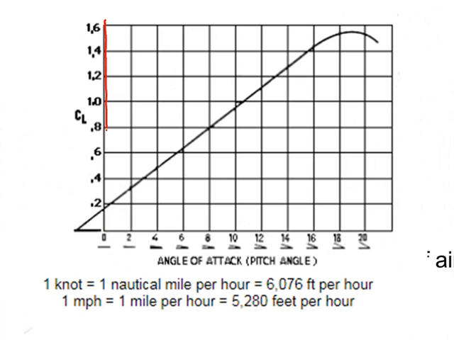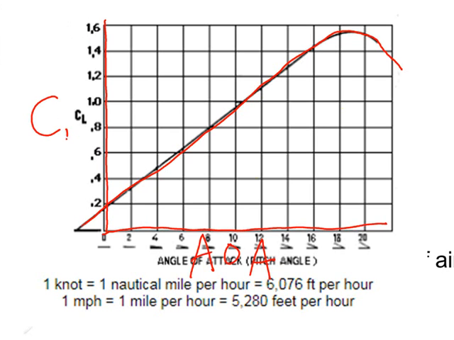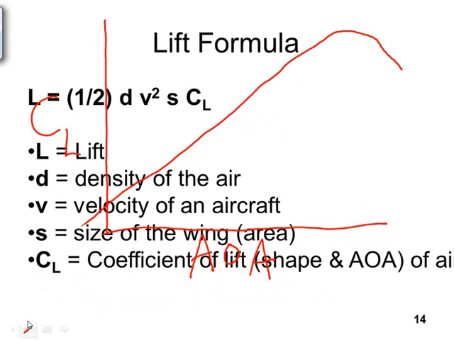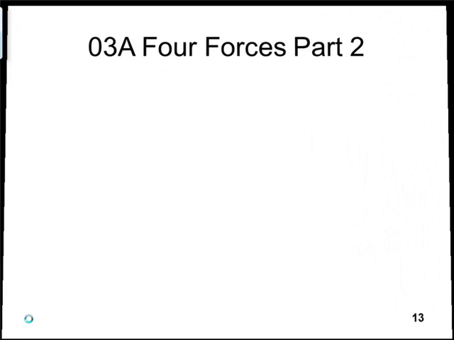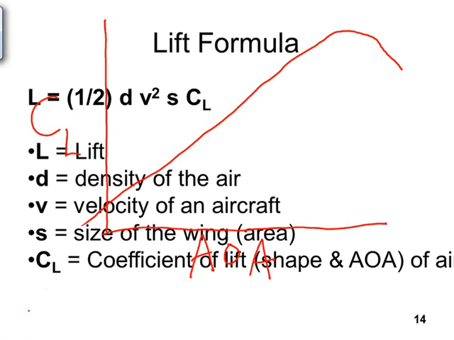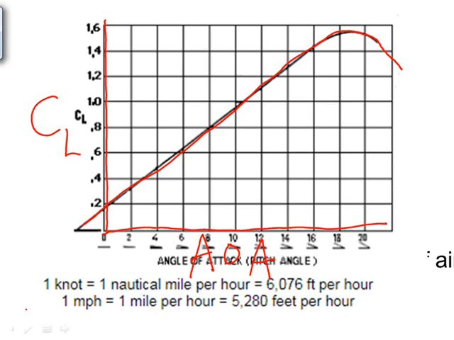I just want you to draw a line here, and a line here, and this line. And don't worry about it if it's not that great. You'll notice the line curves down, and I want you to write AOA on the bottom, and write capital C and then a subscript L.